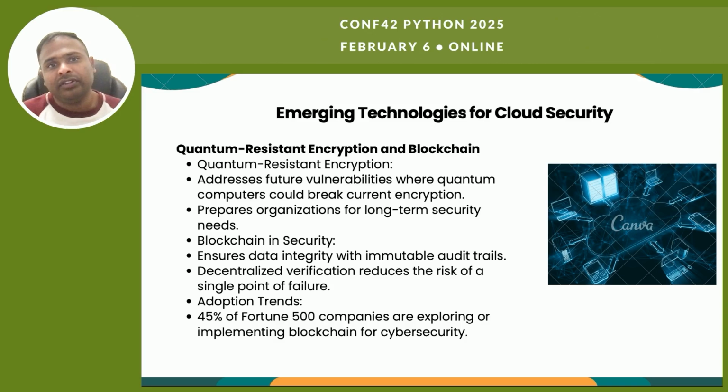Now if we are talking about blockchain in security, we need to ensure data integrity with immutable audit trails. So if any audit trails are tampered with, it can easily be detected. That's what blockchain helps us with.